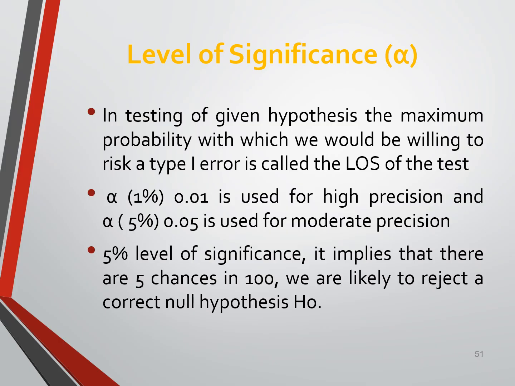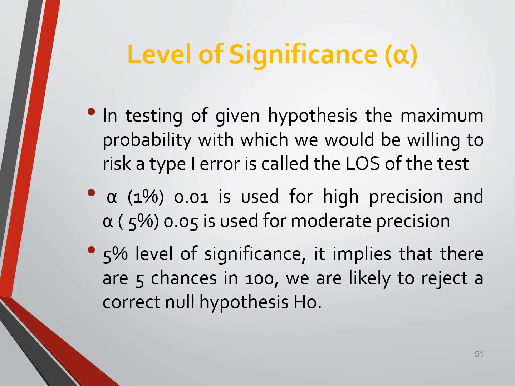It means we are rejecting the null hypothesis when we are supposed to accept it. I am showing type 1 and type 2 errors systematically in a tabular way, a table matrix, so you can recall it very well.